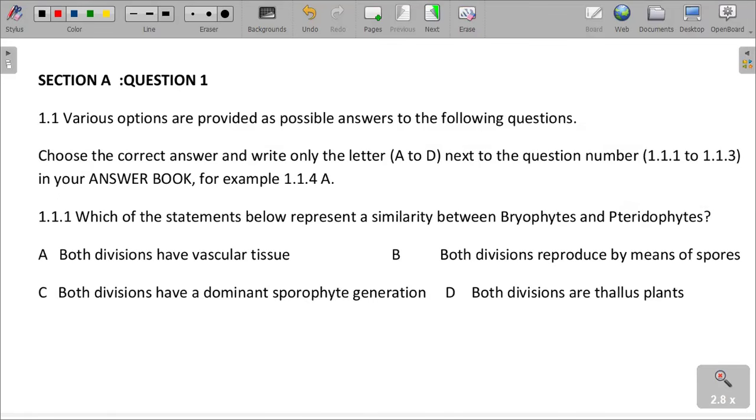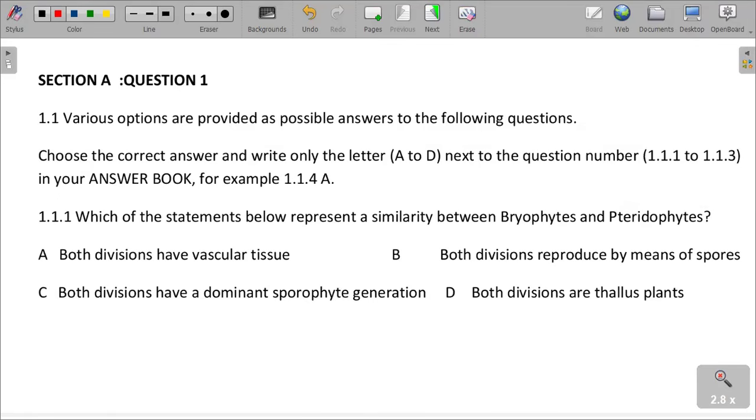And then we have quite a lot of other features. Bryophytes are small and simple, and usually grow in damp areas. We have examples of mosses and liverworts. These are typical examples of bryophytes.